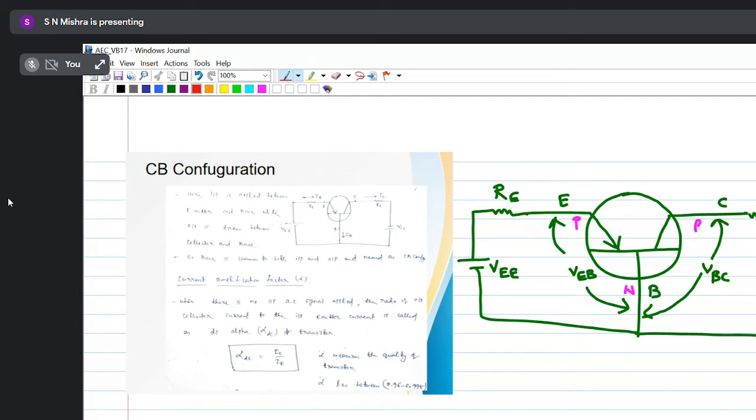Then the currents: this is your IE, this is IB, and this is the outgoing current IC. So this is the way we draw the circuit diagram. Understood how to draw it?